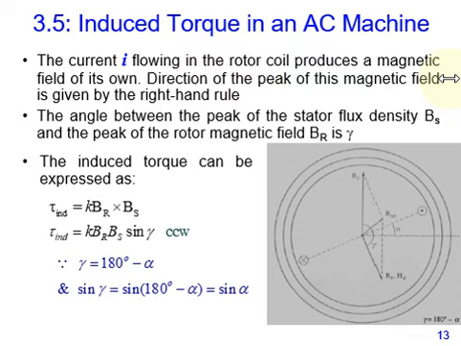In this case, we can say that gamma and 180 degrees minus alpha have the same sine value, so that would be equal to sine alpha. So to simplify the previous equation, the induced torque would be K Br Bs sine alpha.